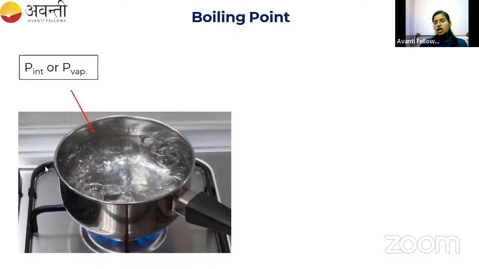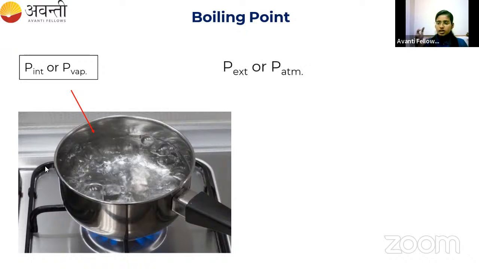Great. So now this water has some internal pressure, or we call that vapor pressure. And we also have some pressure outside this, which we call external pressure or the atmospheric pressure.